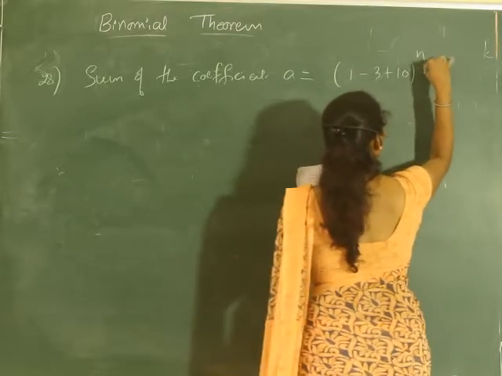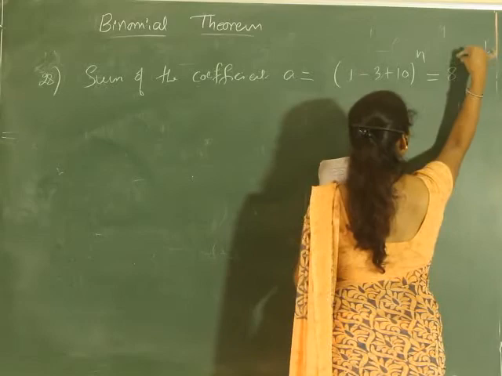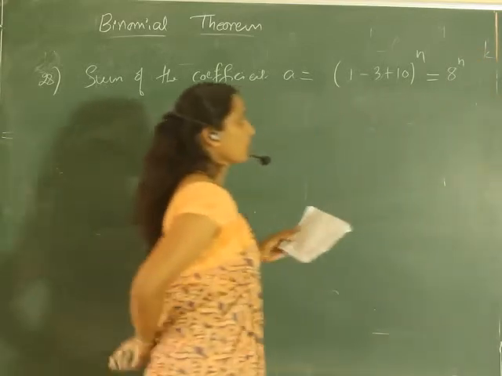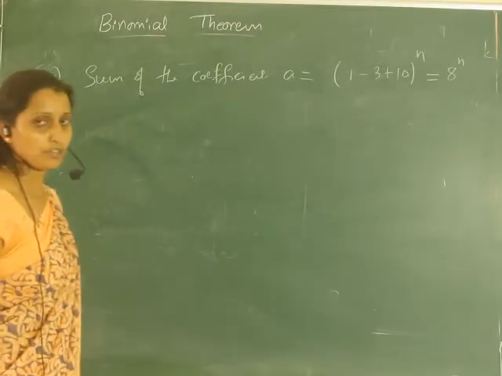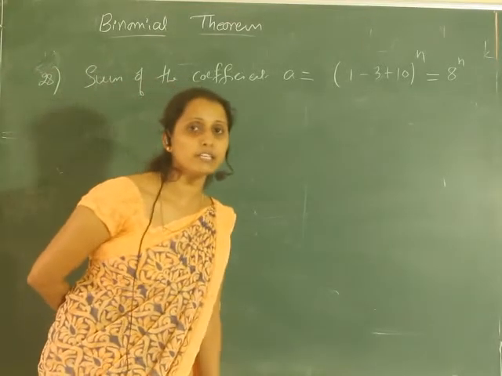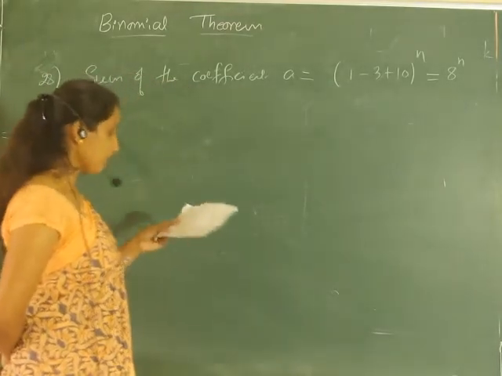So this will be equal to 8 to the power n. So the sum of the coefficients is easy to find out by taking x is equal to 1 in the given expansion. When we take x is equal to 1 in the given expansion, we get the sum of the coefficients. So that is in the first expansion.